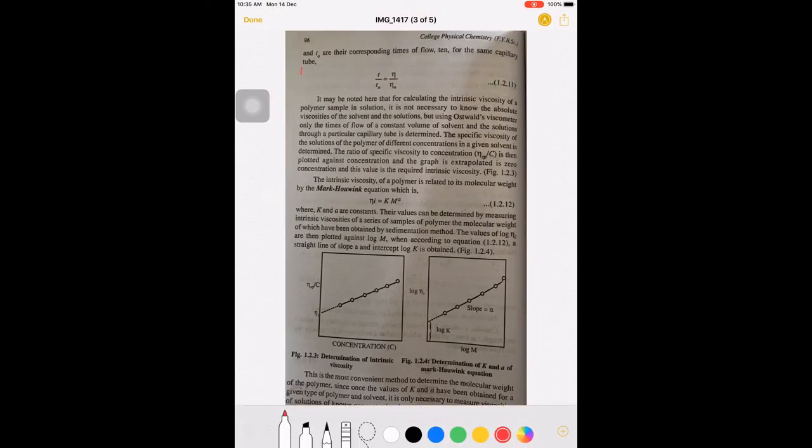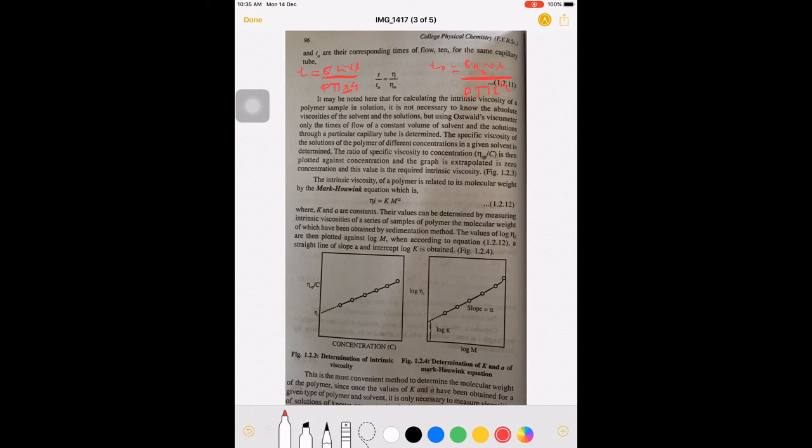I will write it in the next line here. So for the polymer solution, T is equal to 8 eta V into L divided by P pi r raised to 4. Then for the pure solvent, T0 is equal to 8 eta 0 V into L divided by P pi r raised to 4.